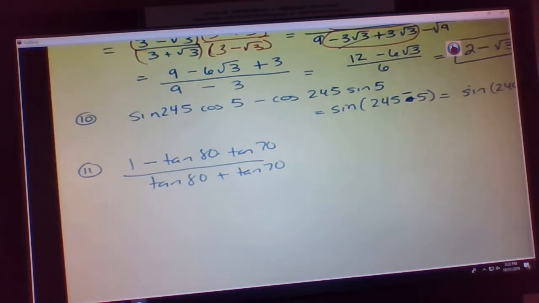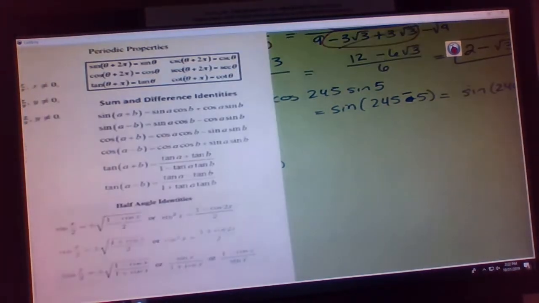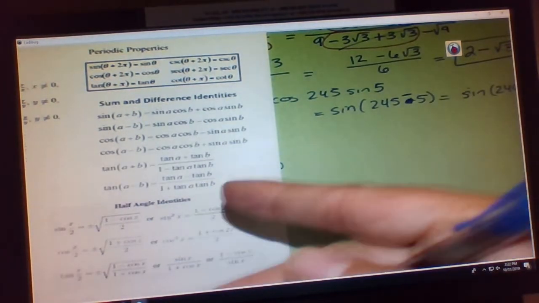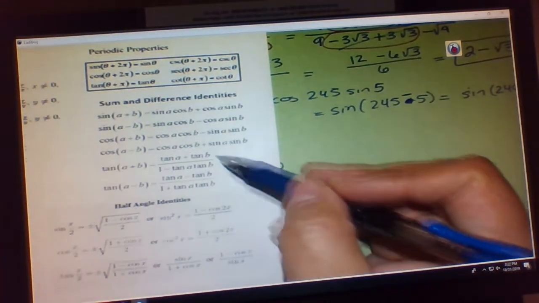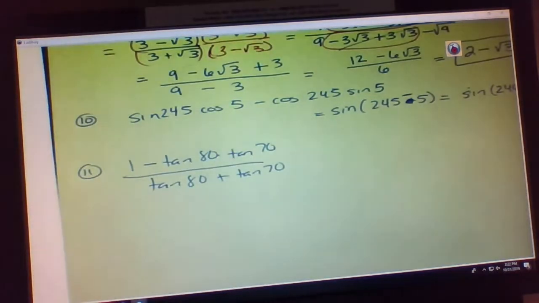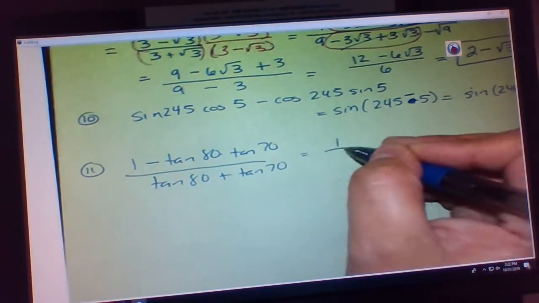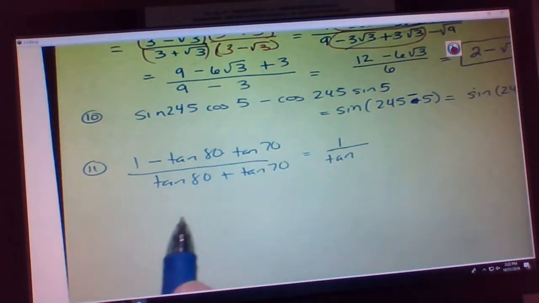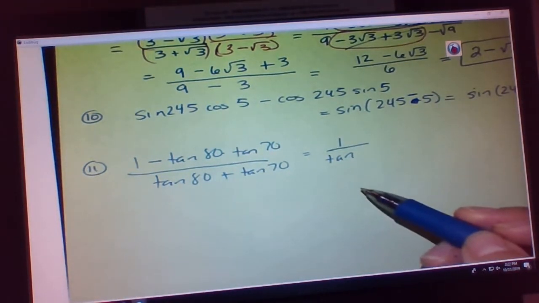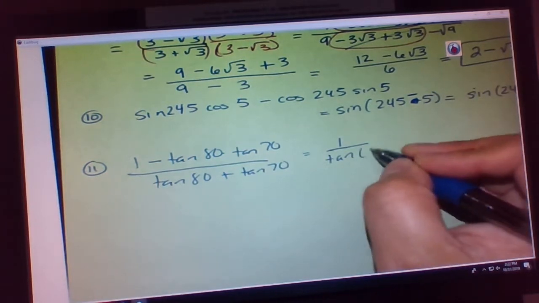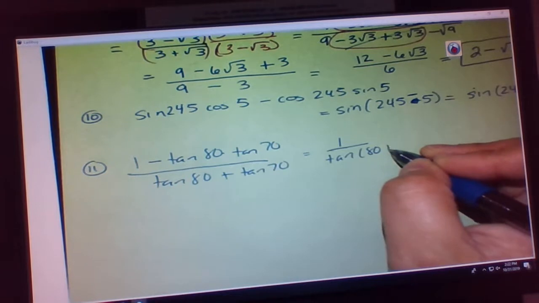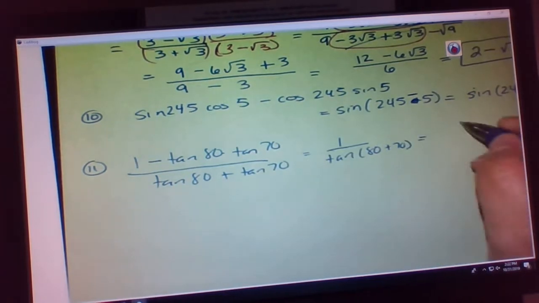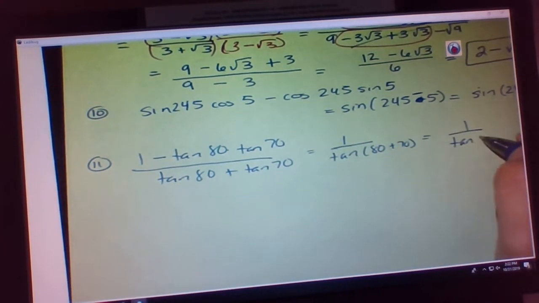Now, the only thing with this one is your sum is which way? Isn't it backwards? So I am really doing 1 over tangent. But which are the two angles that we're using? And what am I doing with them? Adding them. So this becomes 1 over tangent of 150.